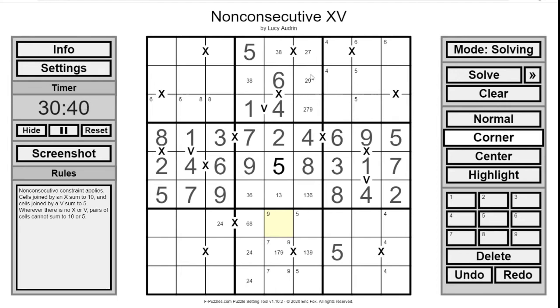There's something I'm missing over here, maybe. So this one could be 4, 6, 7, 3, 2, 8.